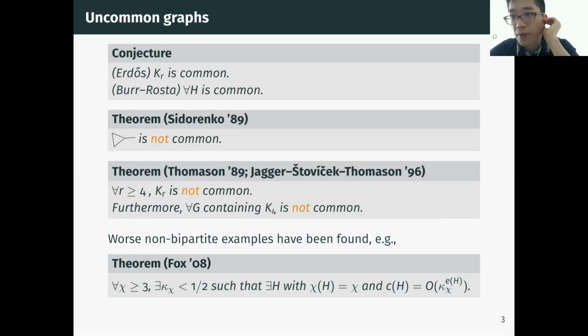For example, Jacob Fox, in one of his earliest results, proved that given any chromatic number at least 3, which means the graph is non-bipartite, there exists some kappa that depends on this chromatic number, such that there exists a graph H with that chromatic number chi, and the Ramsey multiplicity constant for H is exponentially smaller than the conjectured bound of a half to the number of edges minus 1.